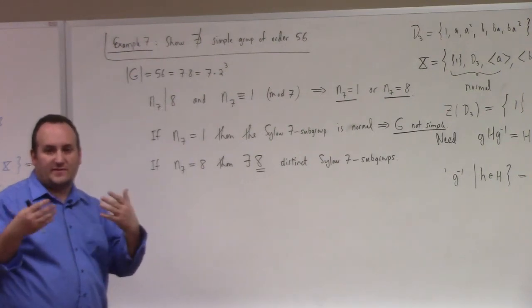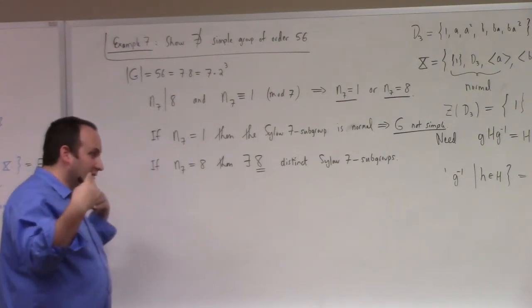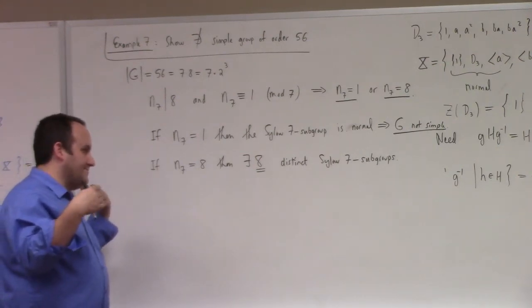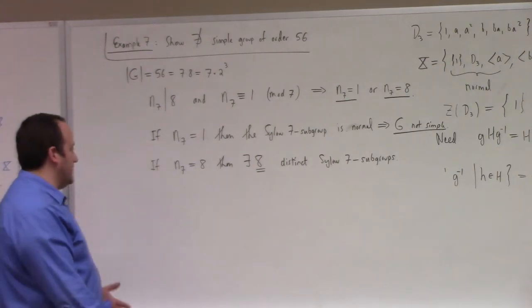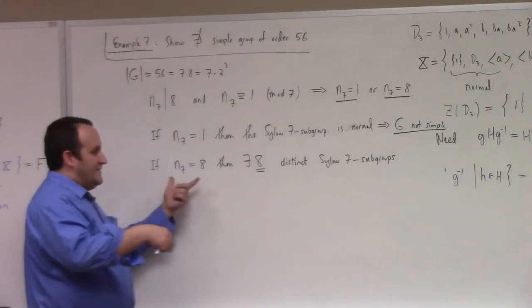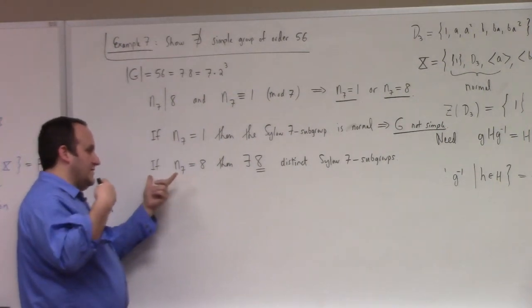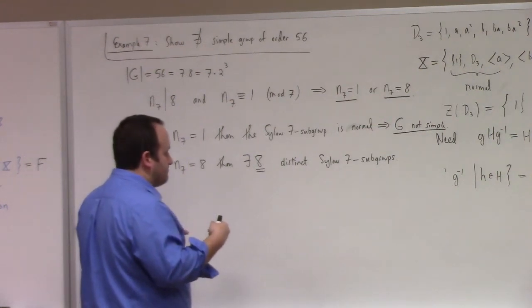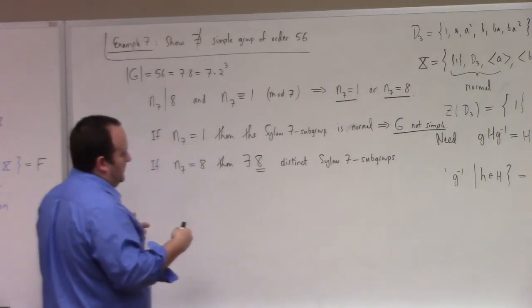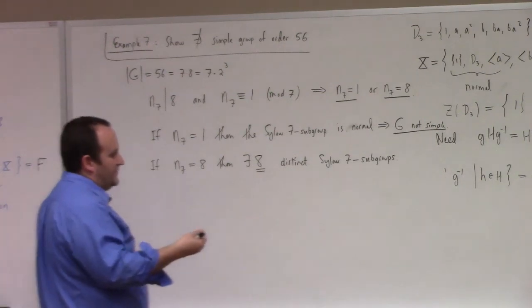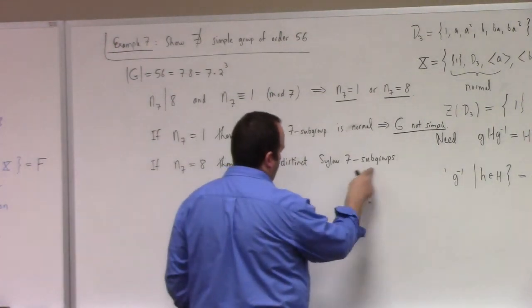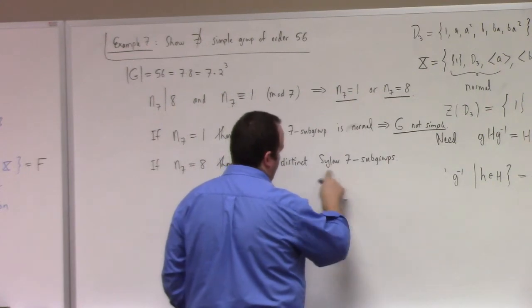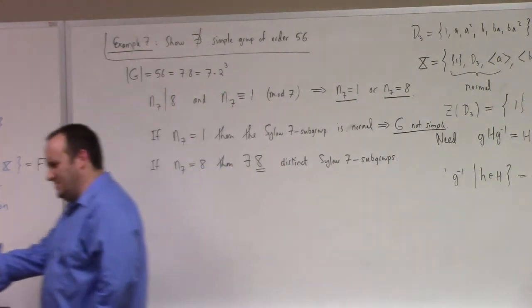I'm missing the words here, but every one of these has to be a cyclic subgroup of order 7, a Sylow 7 subgroup.